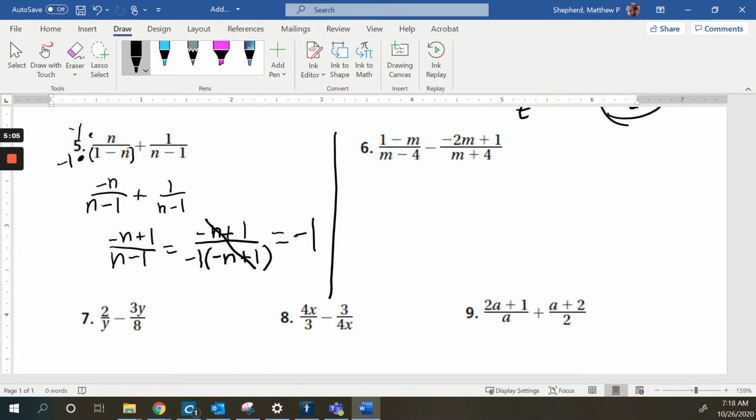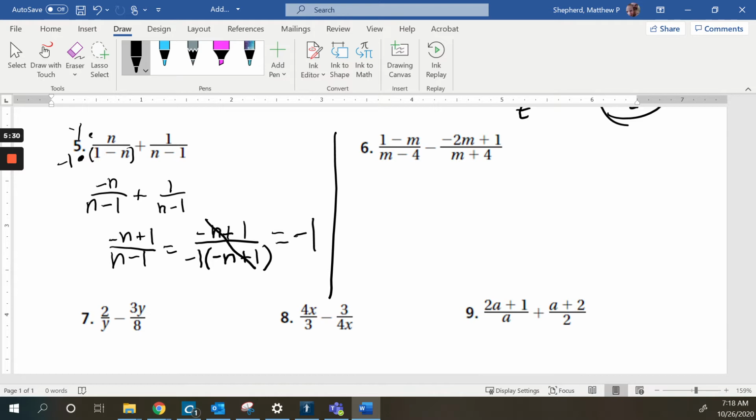So using a trick like factoring out a negative or multiplying top and bottom by a negative 1, that's not going to help me here. That won't work. So instead, we need to make sure that the right-hand side gets a factor of m plus 4, or the left-hand side gets a factor of m plus 4, and the right-hand side gets a factor of m minus 4.